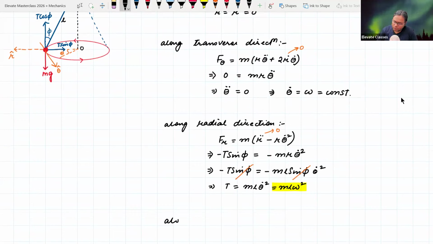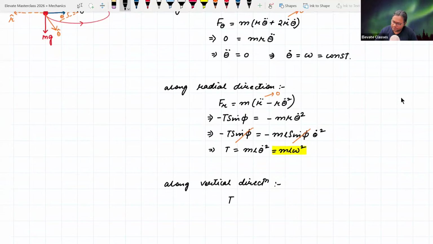So I can include one more equation along the vertical direction. Along the vertical direction, I will include another. So T cos phi is equal to mg. T cos phi is equal to mg. Okay. From here, I can say that what is T? I can include T here. m L omega square cos phi is equal to mg.